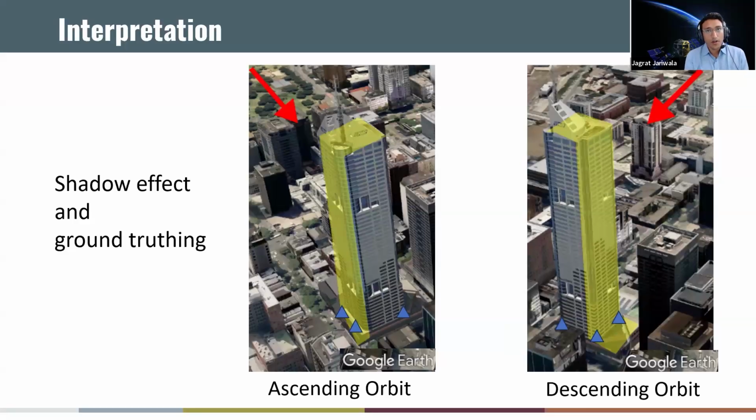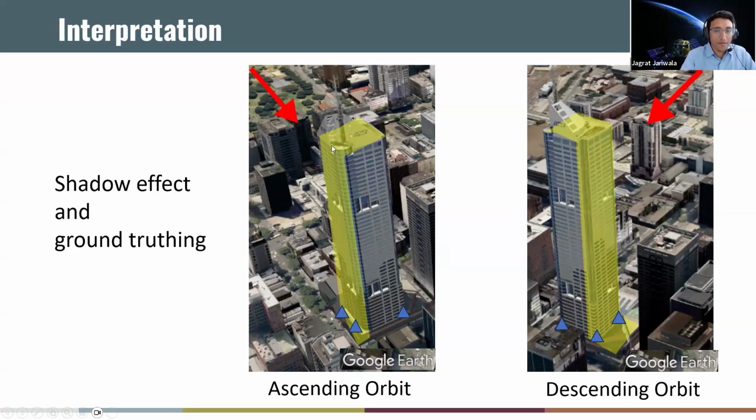Then we spoke about ascending and descending orbits and how the same area of interest is looked at during the satellite's movement from south to north and north to south. Now, the angle at which the satellite would look at the structures is different. So in ascending orbit, the one on the left-hand side, the line of sight is due east.